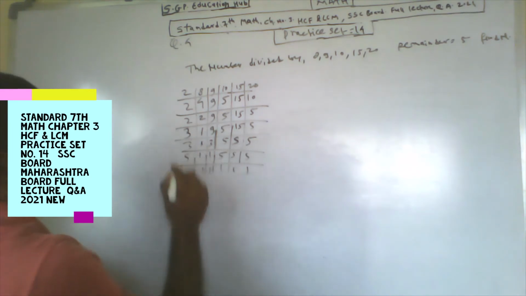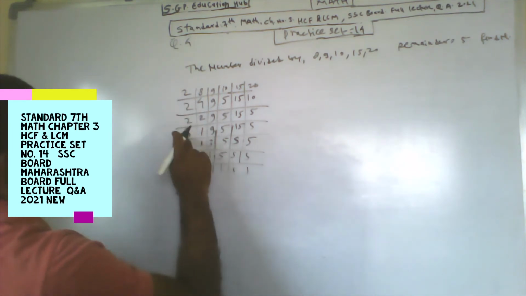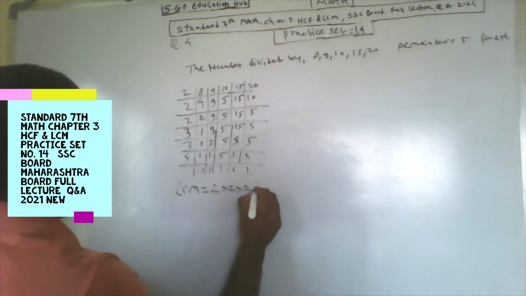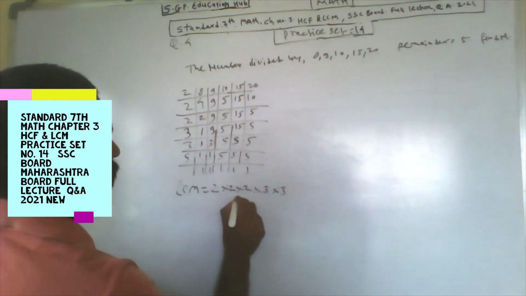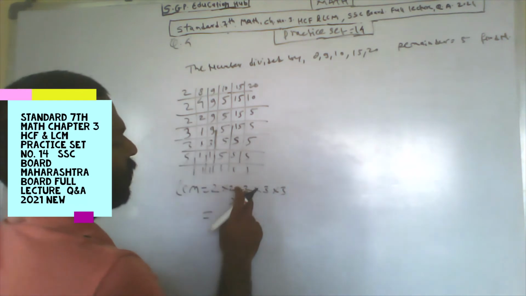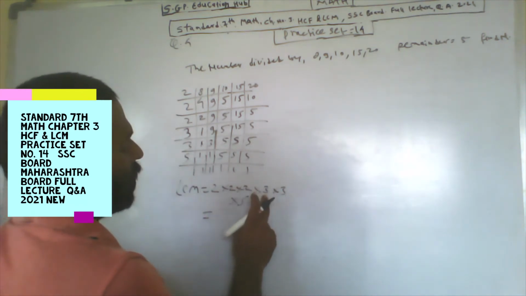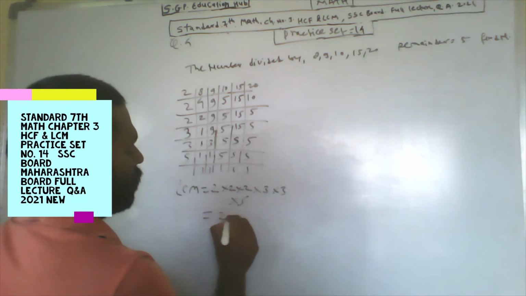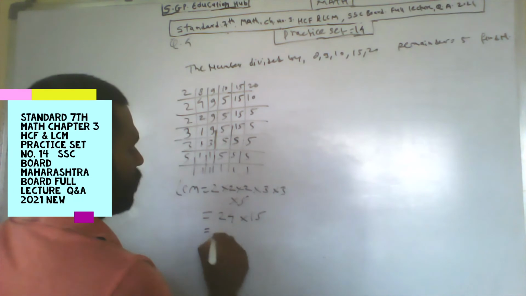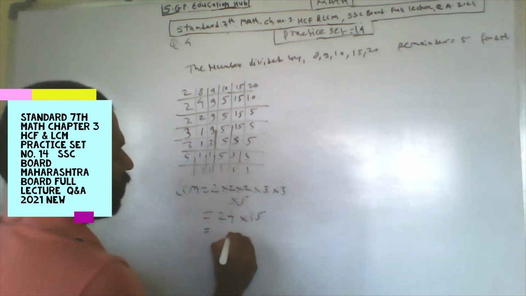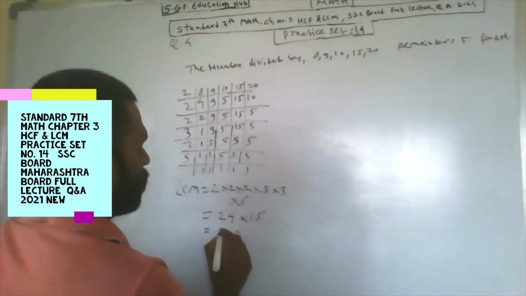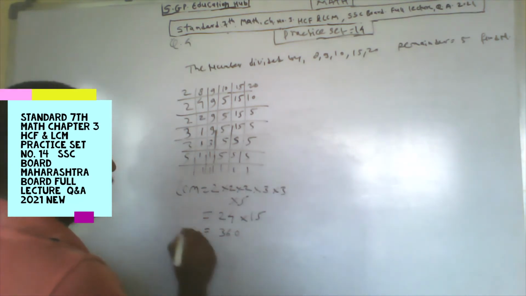Now LCM is 2 three times, 2 into 2 into 2, 3 two times, and 5 one time. LCM is 3 2s are 4, 4 2s are 8, 8 3s are 24, and 5 3s are 15. 15 4s are 60, 15 2s are 30, 360. LCM is 360.